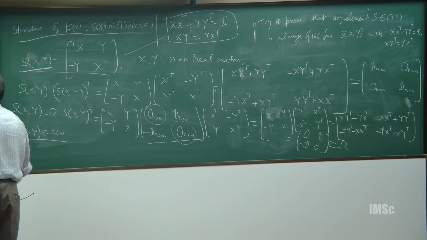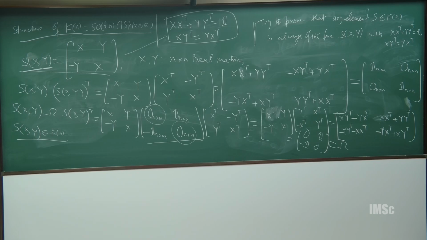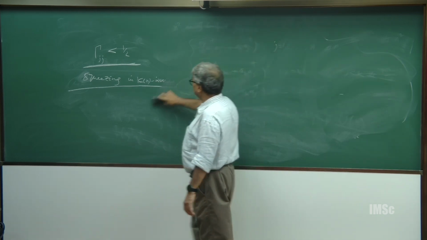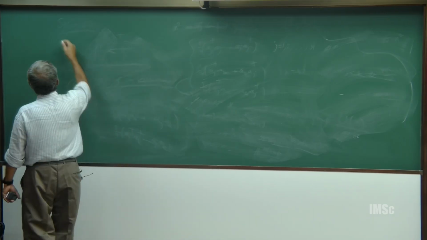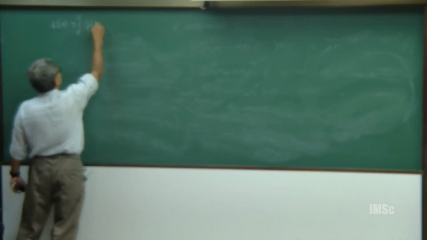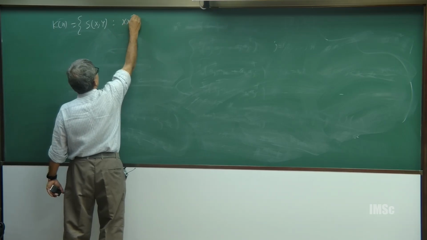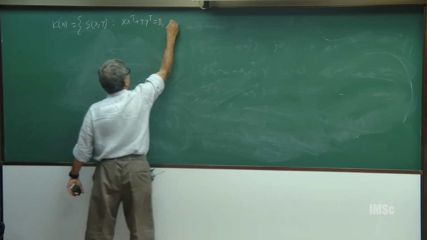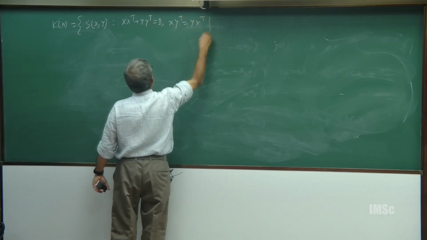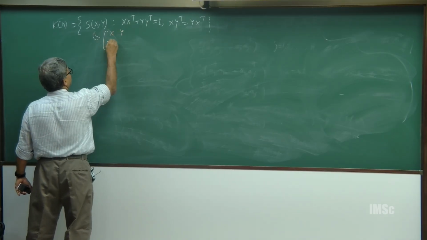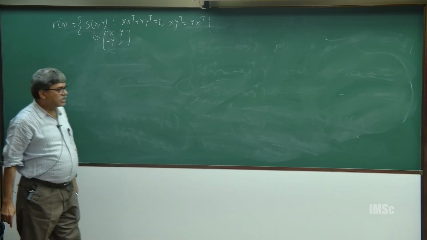So, what we have seen is that this Kn is basically the set of all such matrices S(x,y), such that, of course, x transpose plus y transpose is equal to identity, and x y transpose is equal to y x transpose, and which is of course of this form, x y minus y x.